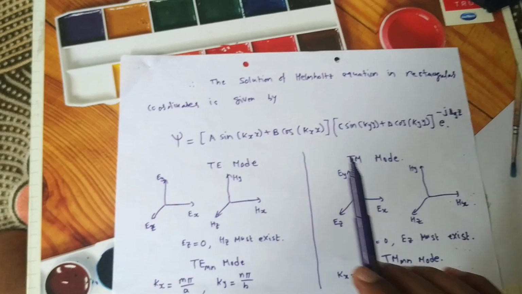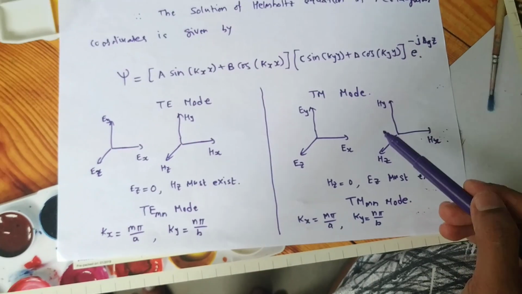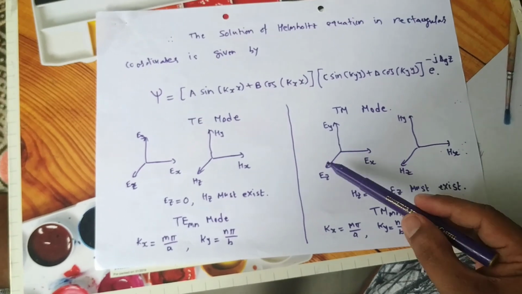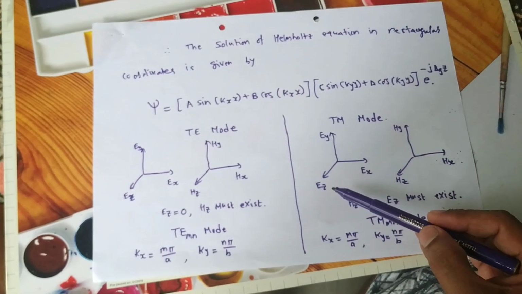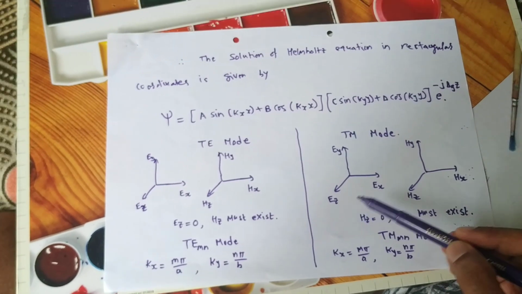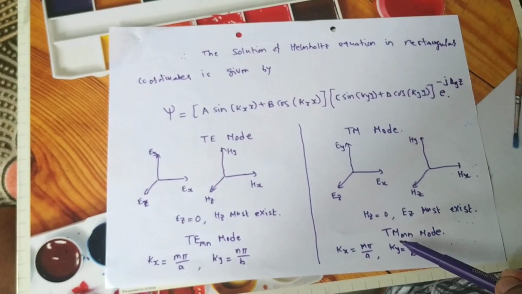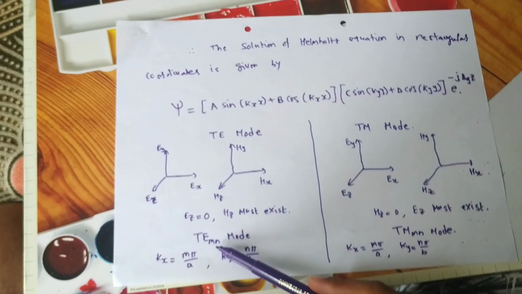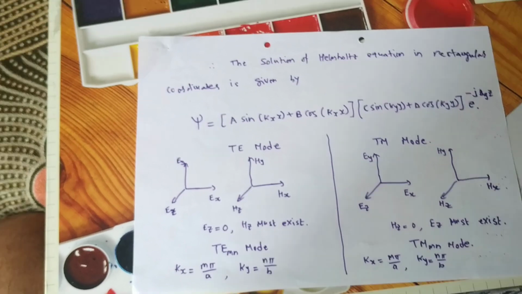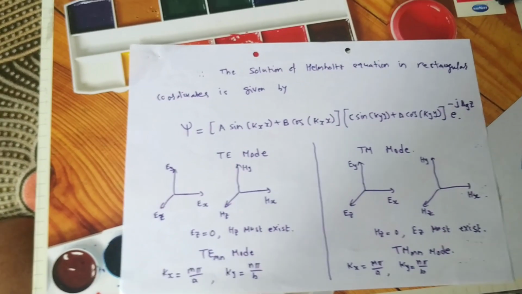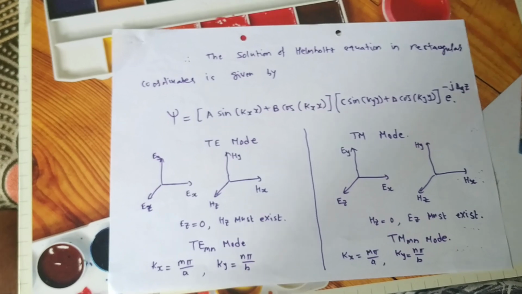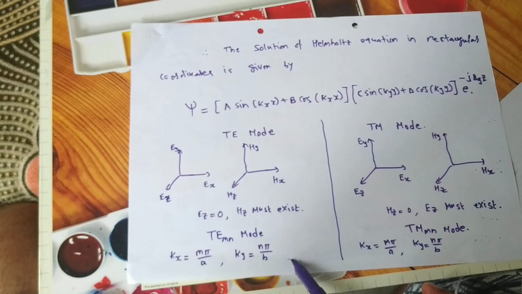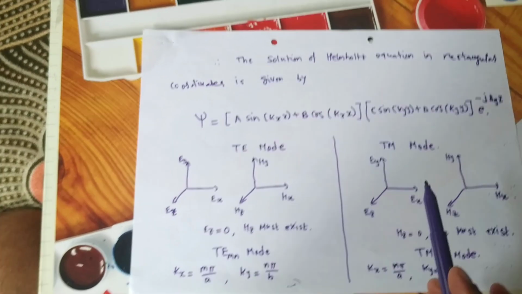And if the Hz component is 0 and Ez exists inside the rectangular waveguide, then that mode is considered as the TMmn mode, where m and n indicate the number of half cycles present over the x direction and over the y direction.